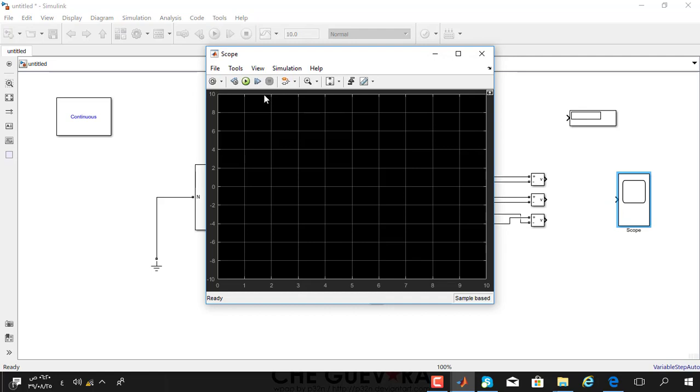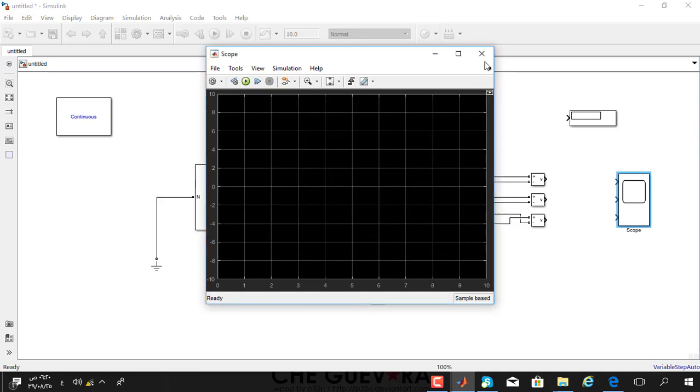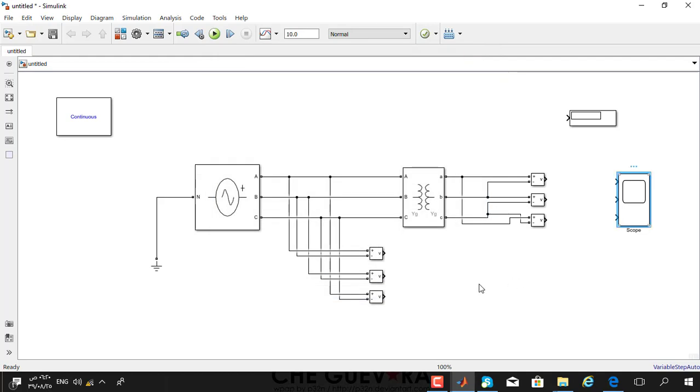Double click on it and we go to the setting or configuration. We have 3 voltage measurements, so we have 3 inputs. Our sample time we make it small, 0.00001. Okay, done. We copy it, we paste it here for the 3 voltage measurements.